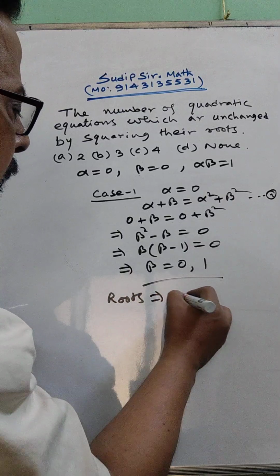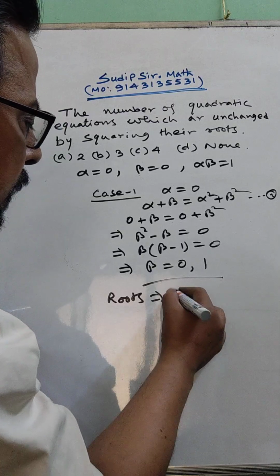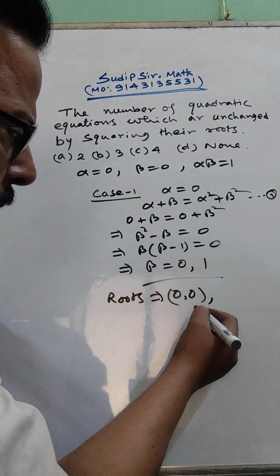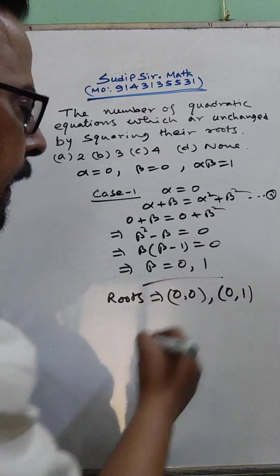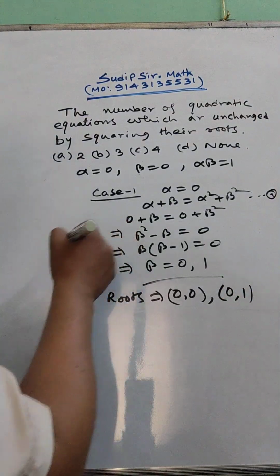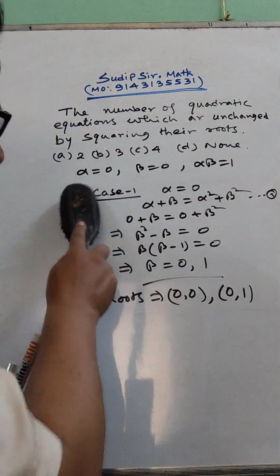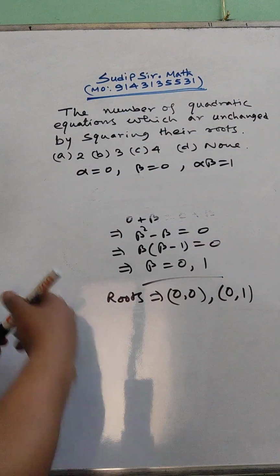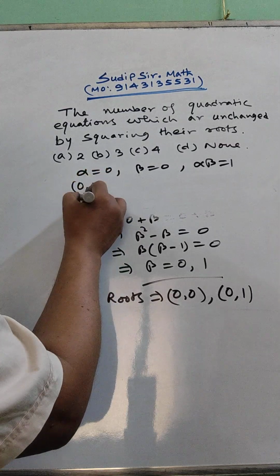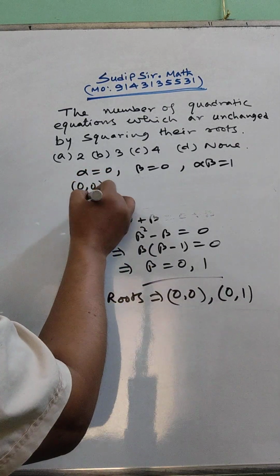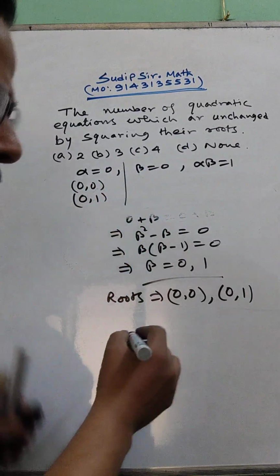Roots are either alpha 0 beta 0 or alpha 0 beta 1. From this we get 0 0 or 0 1. These are the roots for the first condition.